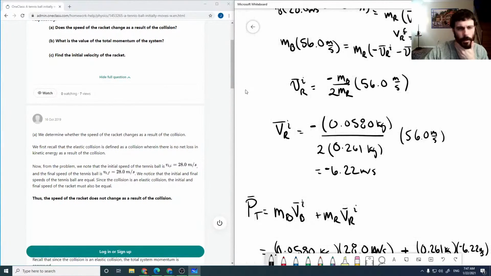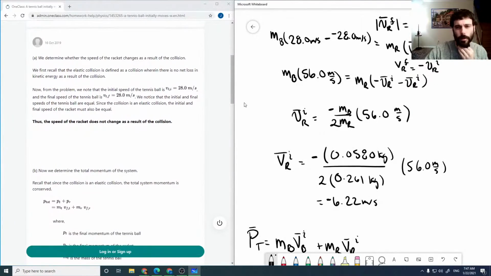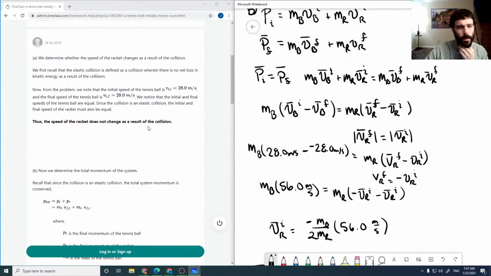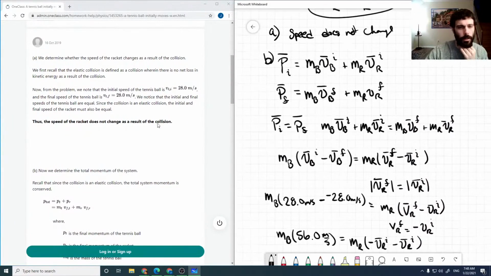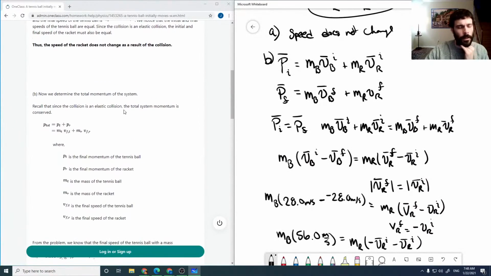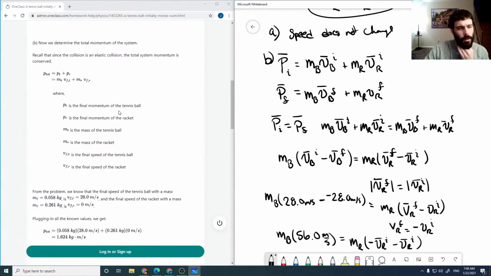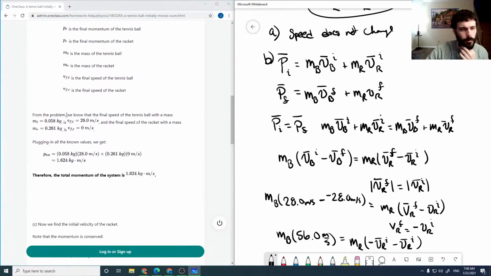So here we go. So if we check to the solution here, the speed of the racket doesn't change as a result of the collision, so that's good. Determining the total momentum. So here they've used the finals, and the final speed of the tennis ball is 28.